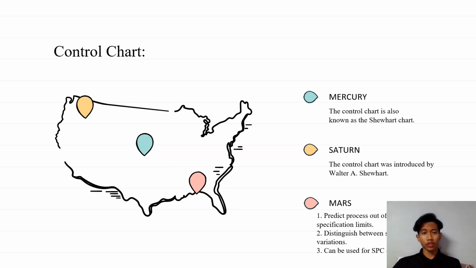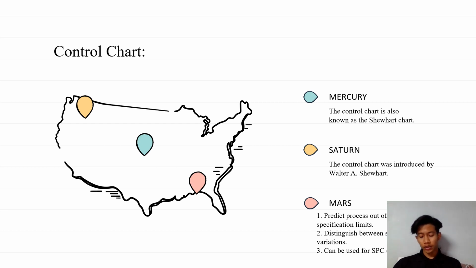Next is a control chart. If we can see in the slide, we got three colors: cyan, yellow, and pink. Cyan is Mercury. The control chart is also known as the Shewhart chart. And the yellow, Saturn.